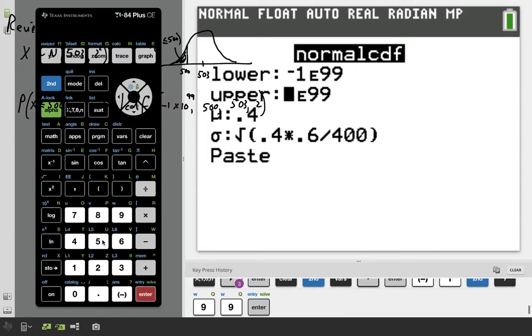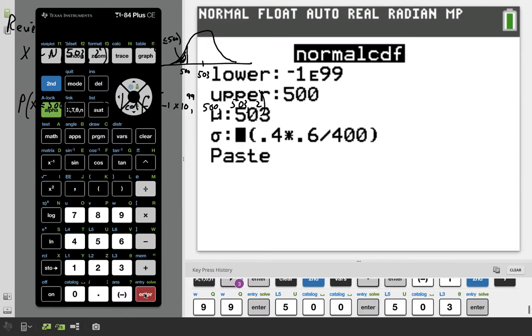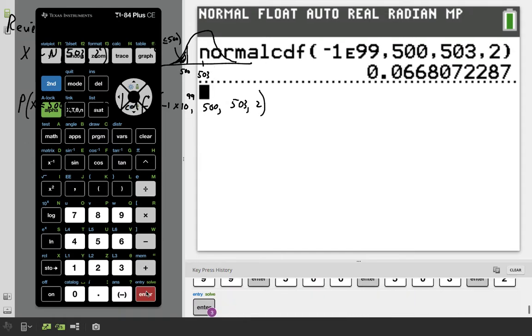Okay, the upper was 500, the mean is 503, and the standard deviation is 2. And the answer is smaller than I thought, only 6.7%. Let's do 3 sig figs. So 6.68%.